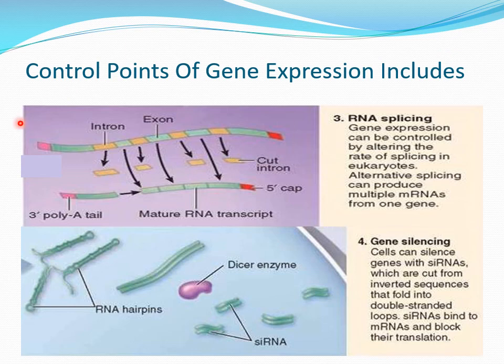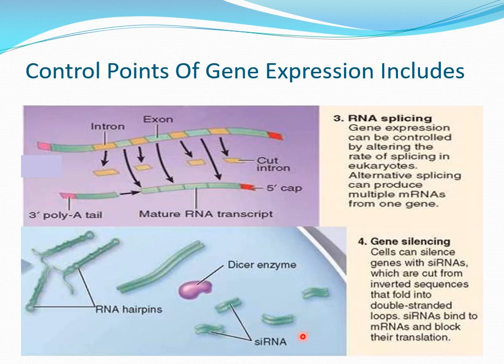So by controlling this RNA splicing, by controlling this RNA processing of the messenger RNA, again the gene expression can be regulated. Now many of the genes form special structures like RNA hairpin-like structures. If these hairpin loops are produced, this RNA is not available for translation.